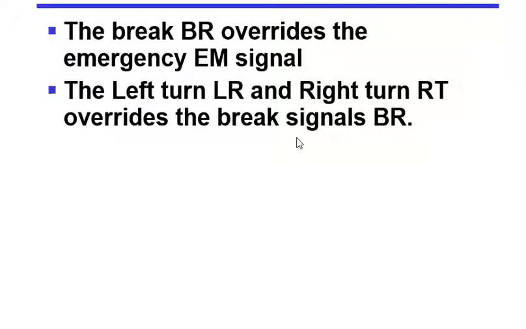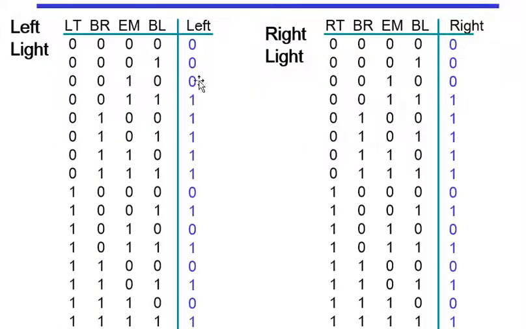Now, the truth table that we can achieve from these conditions is shown in this table. As you can see here in this first two outputs, no matter what the blinking state is, either it is 0 or 1, there is nothing at the output.